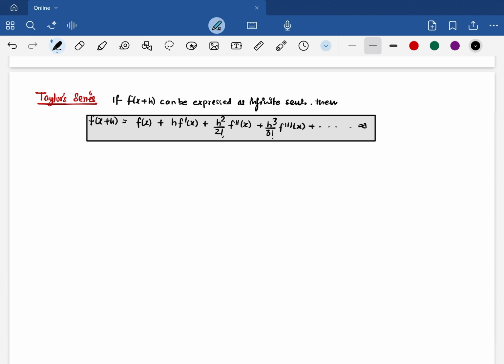Let us say we replace x by a and h by x minus a.